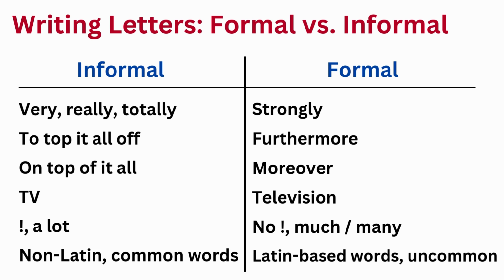You want to use common words, so non-Latin words, or common words. But you don't want to use them in formal writing. In formal writing, use Latin-based words. Use uncommon words. That's a characteristic. So I would use the word intelligent instead of smart. Maybe with my friends, I write smart, but here I might use intelligent.